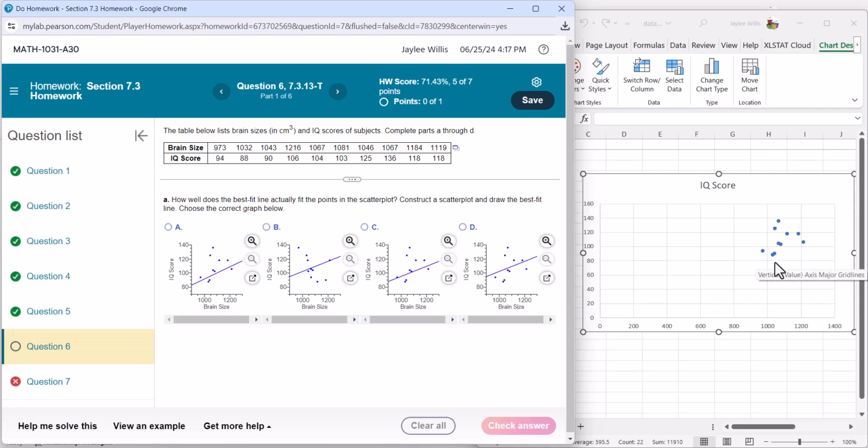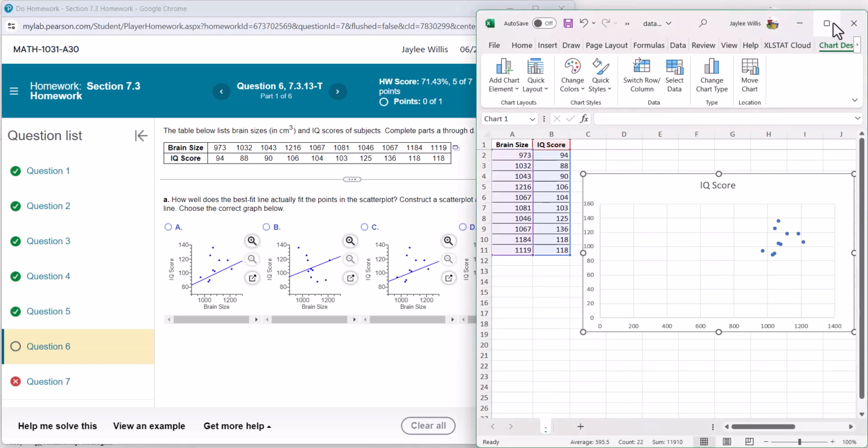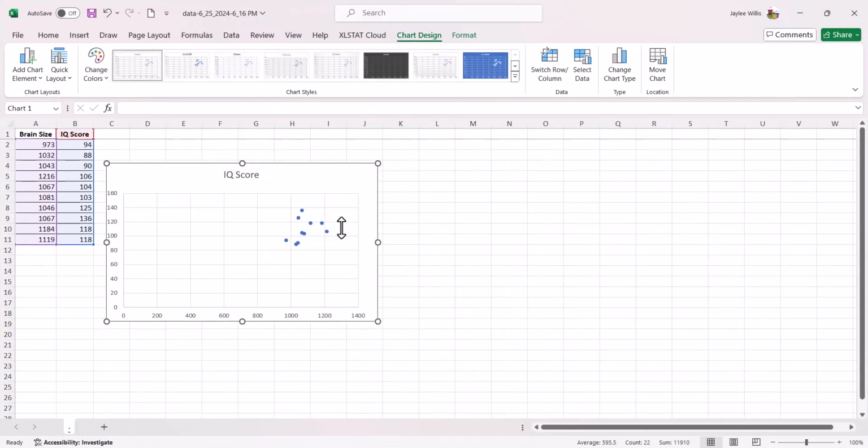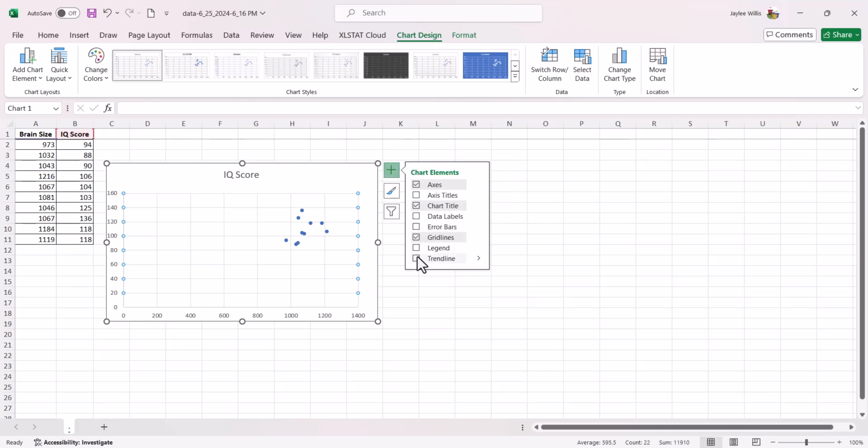Looking at that, they also want me to have the line of best fit. So let me show you guys how to do that. When you look at your data set here, you're going to add chart elements and then do a trend line. And for the line of best fit, you want it to be a linear trend line. If you look at that dotted line right there, that's the line of best fit.